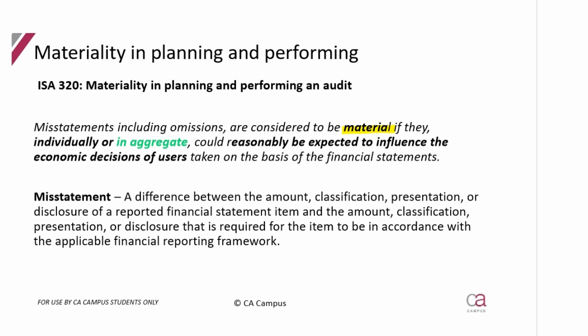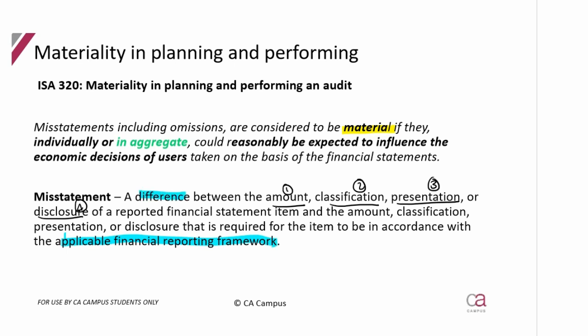So now let's break up our understanding of a misstatement. A misstatement is the difference between the amount, classification, presentation, or disclosure of a reported financial statement item and the amount, classification, presentation, or disclosure that is required for the item to be recorded in accordance with the applicable financial reporting framework.